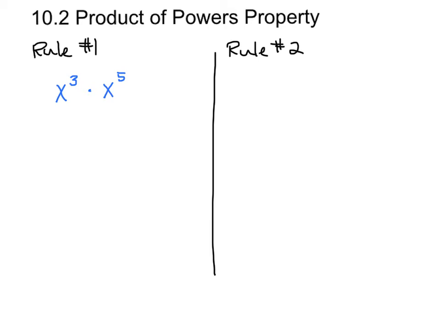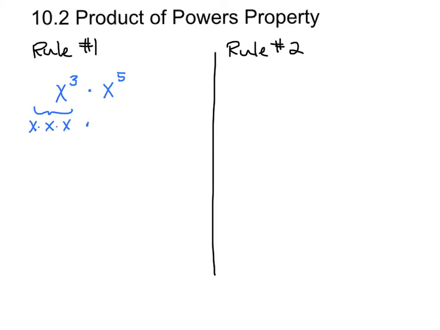Do you think it's x to the 15th? Do you think it's 15x? Do you think it's x to the 8th? Well, if we take what we learned in 10.1, which talks about what exponents mean, we should know that x to the third stands for x times x times x.